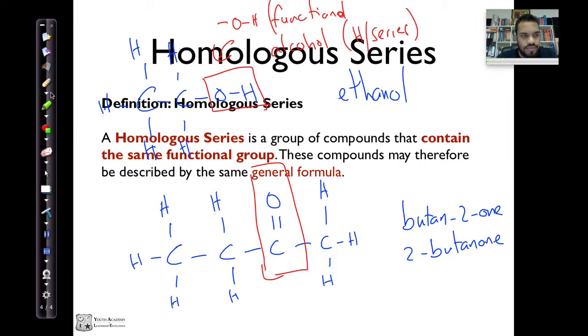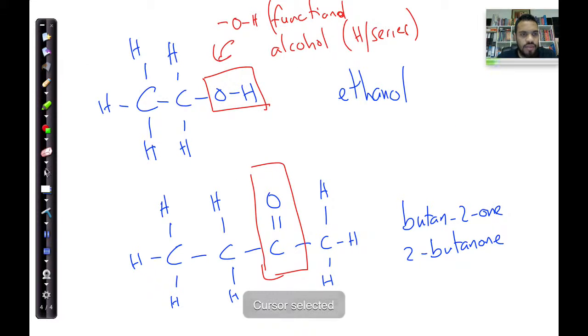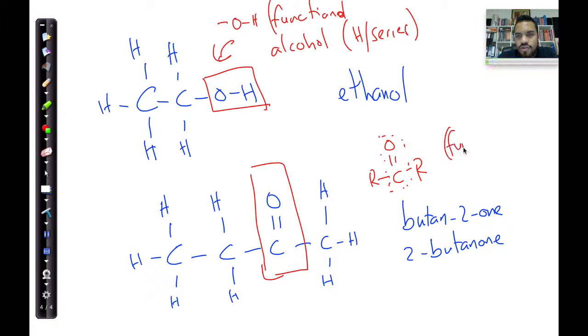Let's just get the whiteboard back there. Then in this case, whenever we see a carbon in the middle bonded to oxygen, and this continues over there, this over here is the functional group of a certain set of molecules.